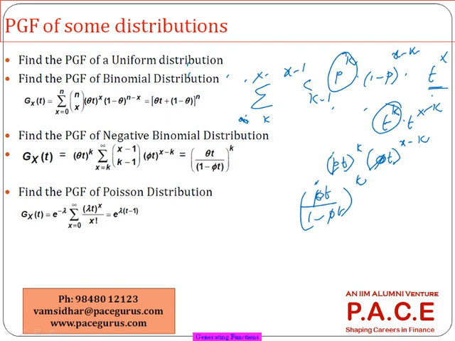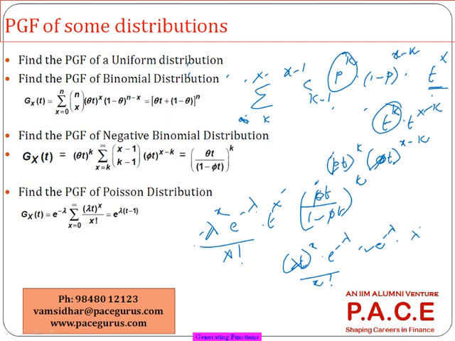Now the same thing, if you look at it in the case of Poisson. We know the probability in the case of Poisson is lambda^x e^(-lambda) / x!. This is our formula. Now you multiply it by t^x. So what is it becoming? (lambda t)^x e^(-lambda) / x!, which, if I take out e^(-lambda), is (lambda t)^x / x!.